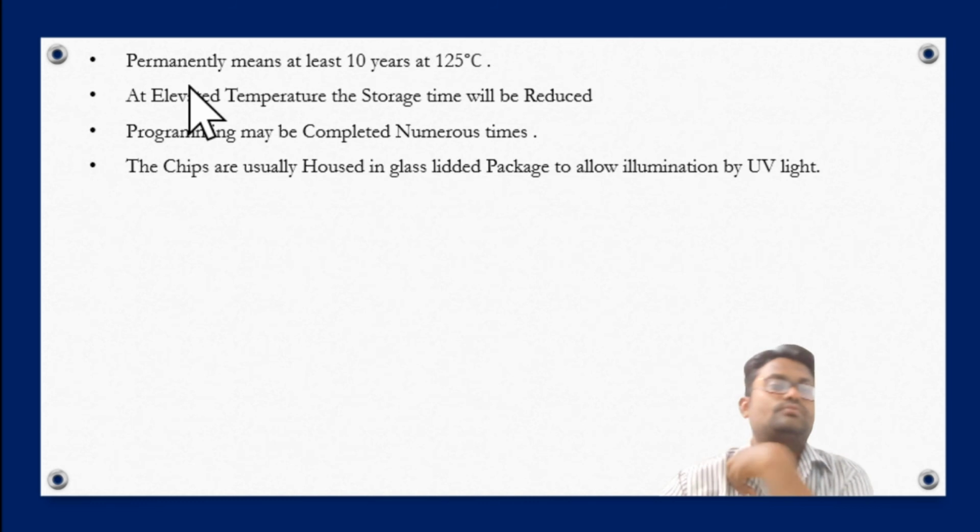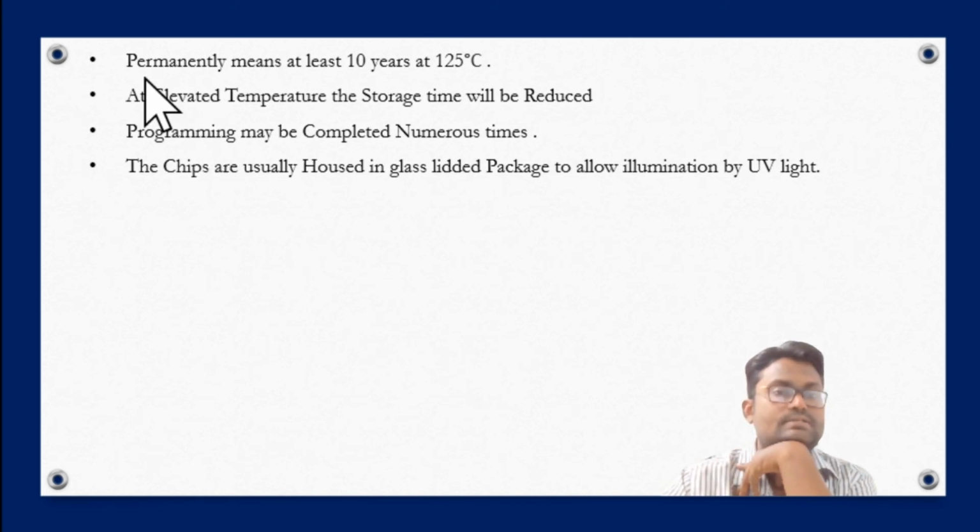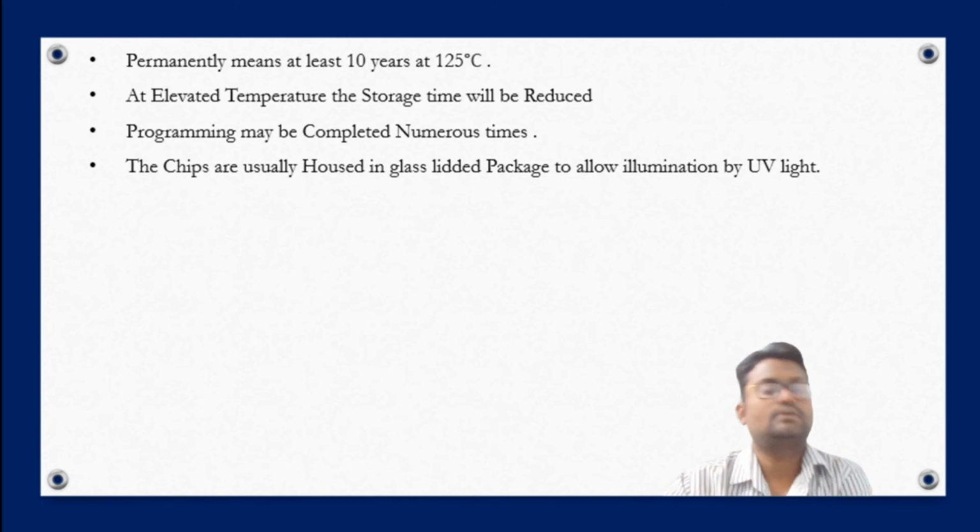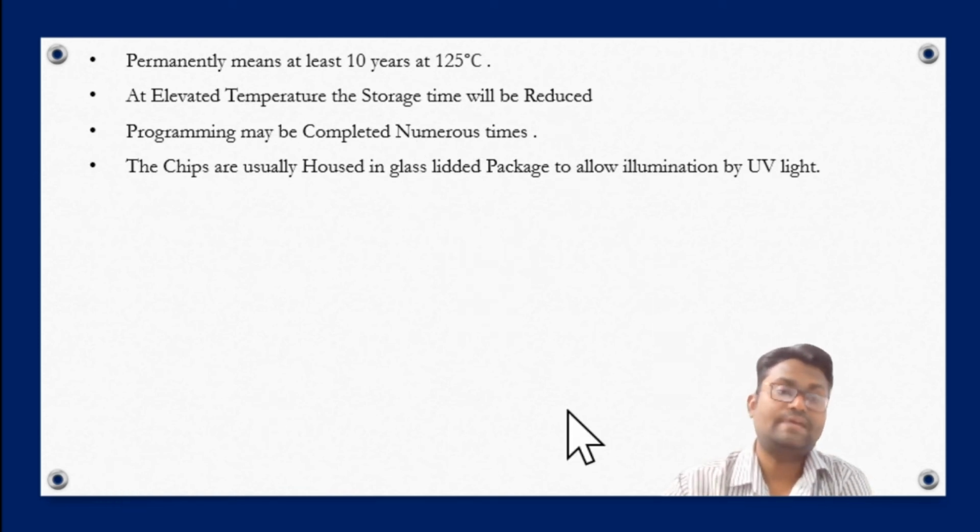Now some points related to UV erasable metal oxide semiconductor: it can be programmed for 10 years at 125 degrees centigrade. It means that this type of memory cell can store the data for a very long time.